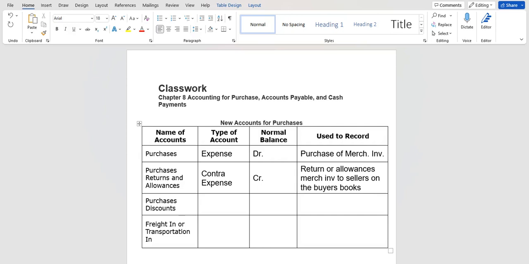Okay, so if we're the purchaser, we're purchasing items, then we're going to record this. This is going to be on our books because we are the buyer. Okay, so we're going to record these changes on our books. And they will definitely have the changes on their books as well, just in a different form.